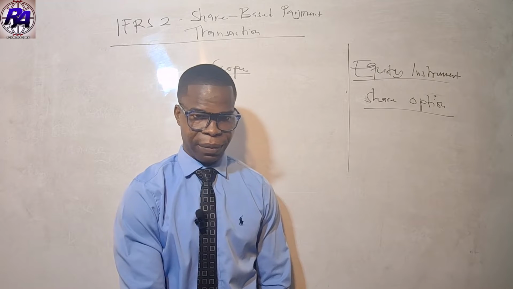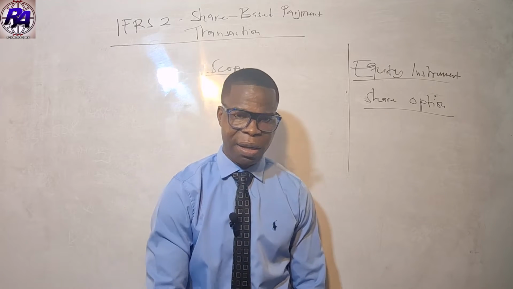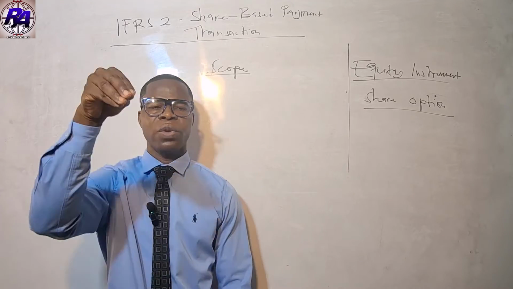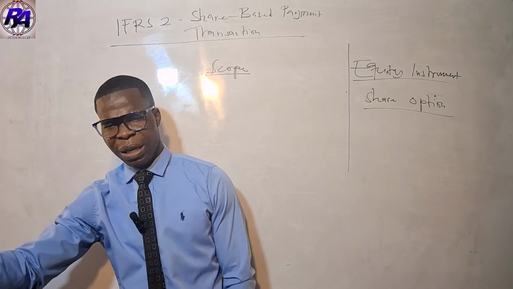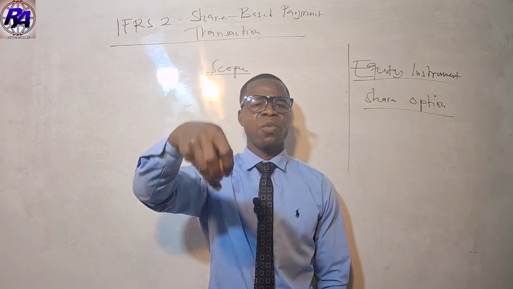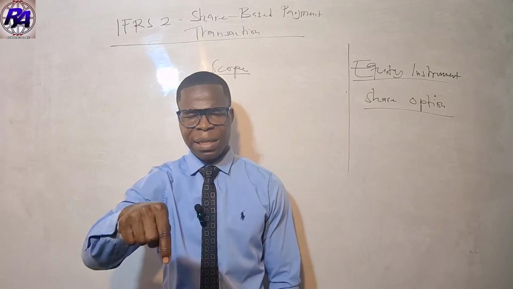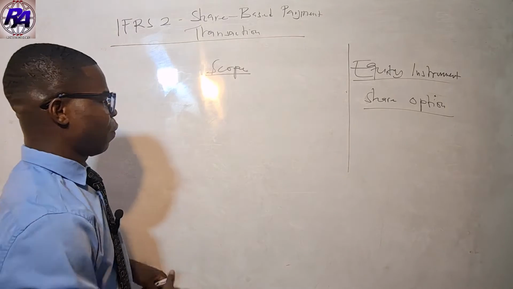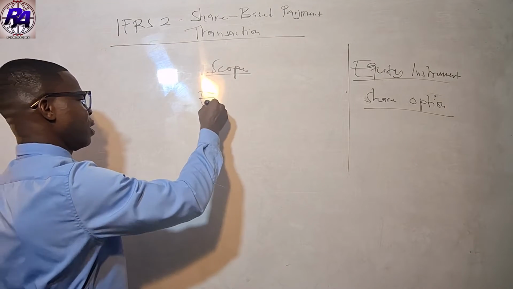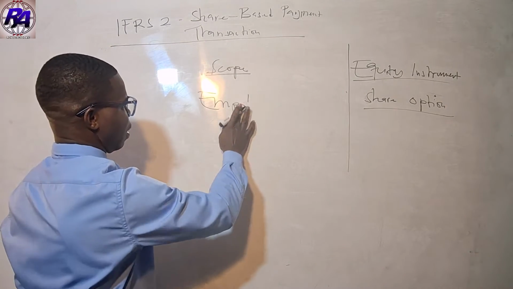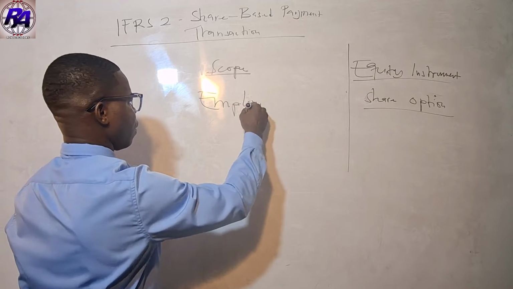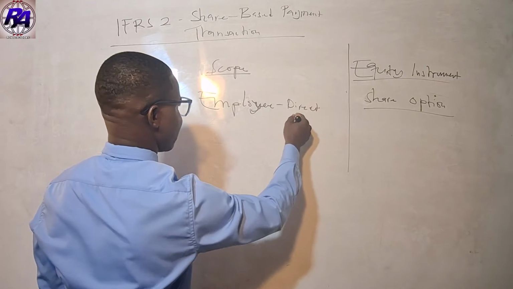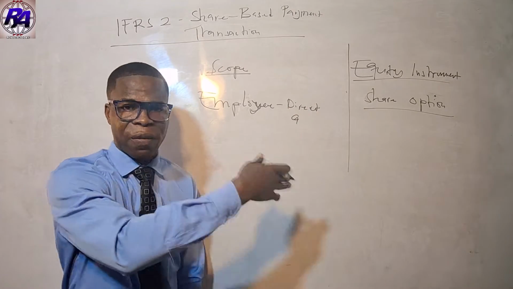Please take note. A situation where an employee of an entity enters into a contract with the entity to acquire the equity instruments of the entity, that is not a share-based payment transaction. Example, let's say an employee in the position of, let's say, a director is acquiring some shares of the entity.